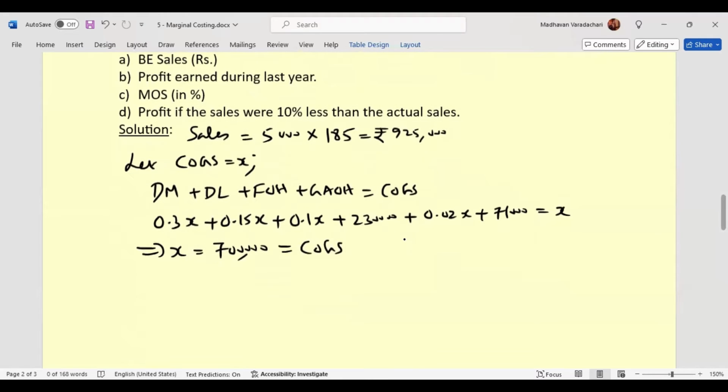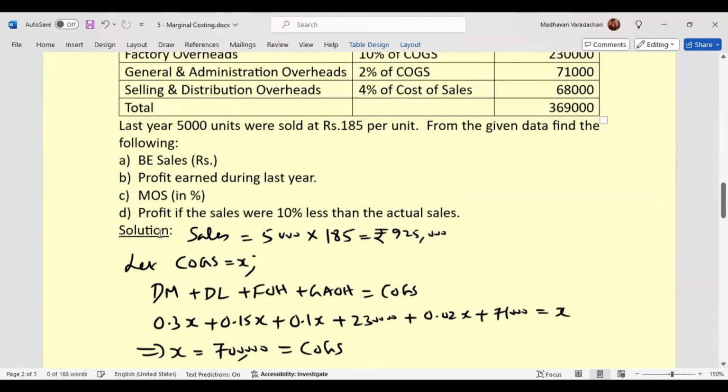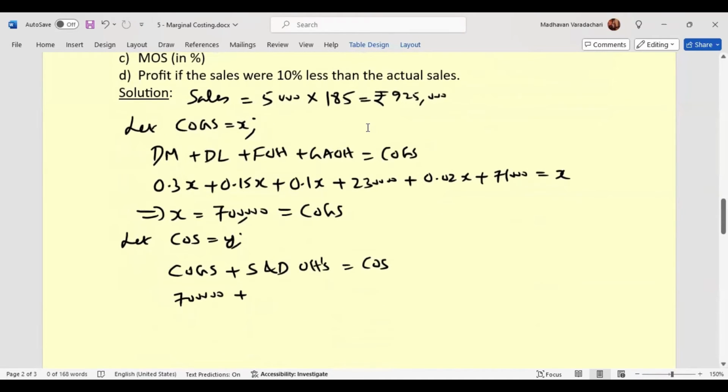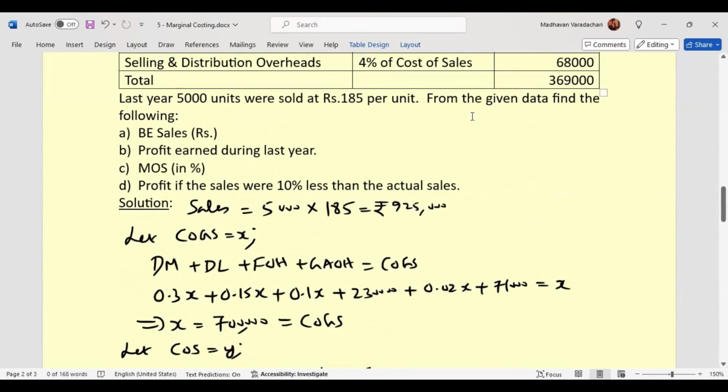Now let us assume the cost of sale as Y. So cost of sale we can arrive at by adding COGS plus selling and distribution overheads. So COGS is 7 lakhs plus selling and administration overheads, which is 4% of the cost of sales, 0.04 times Y, plus there is some fixed cost involved, 68,000.